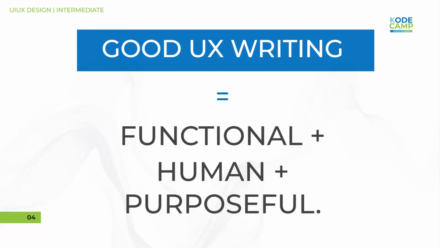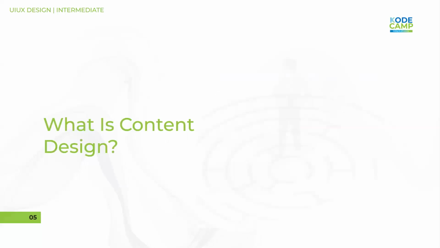So before you can say that your UX writing is good, it has to meet all these criteria: it has to be functional, it has to be human, and for what you are writing, there has to be a purpose for it. Okay.